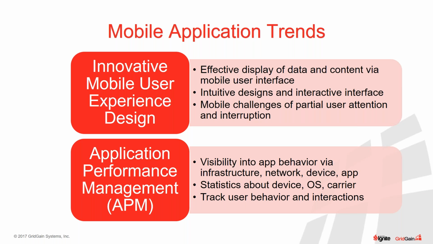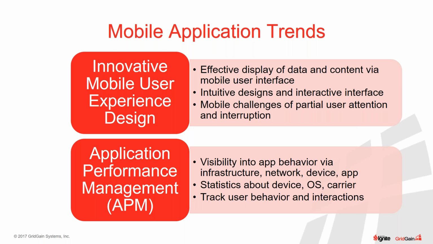And I guess another trend we're starting to see is just better application performance management, visibility into application behavior, because now we can monitor everything from the application to how the application runs on the phone, accesses the network, and how data traverses the mobile network.